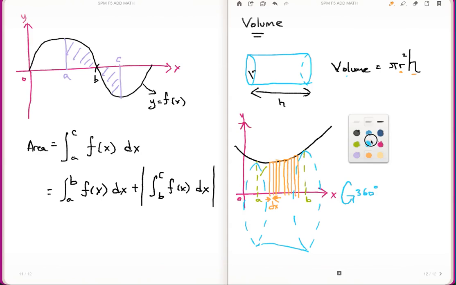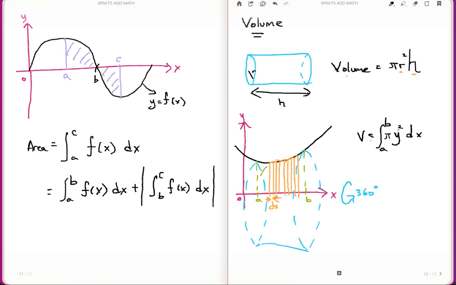So in order to get the volume, it would be the integration of pi times r squared. R is the radius, which is always the y value here, so y squared. My h, the height, would be dx. And then you need a limit from a to b.